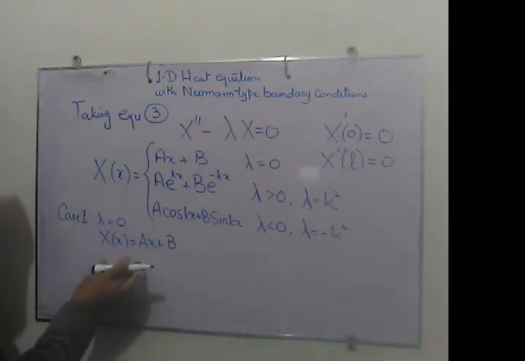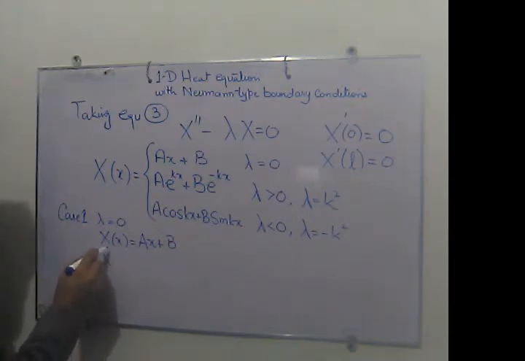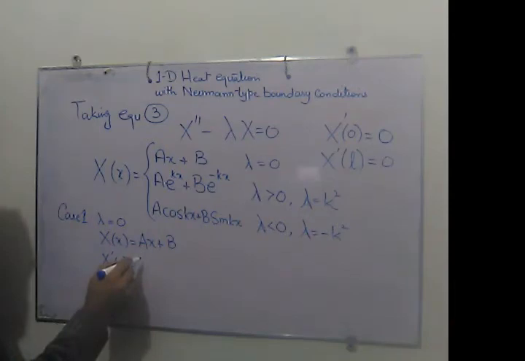We cannot apply the boundary condition in this solution because the boundary condition is in the derivative form. So we have to first take the derivative of this solution. If we take the derivative, then X(x) will become X'(x), and a as a constant will come out of the derivative.